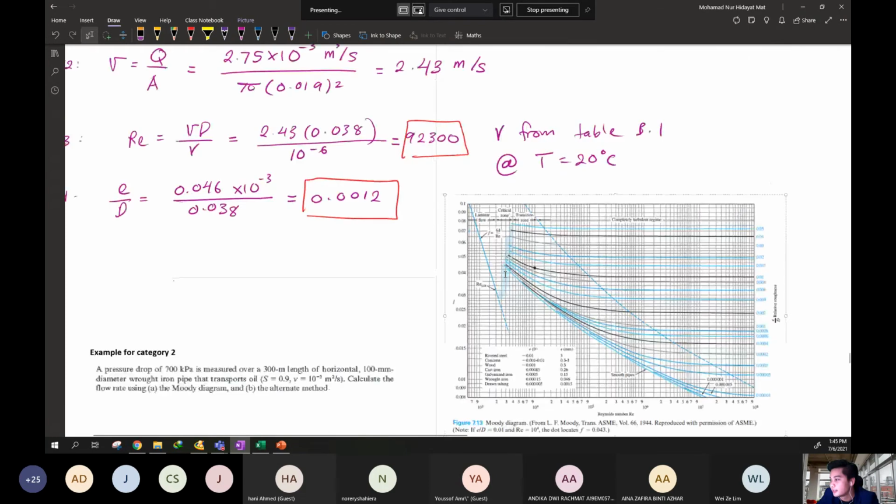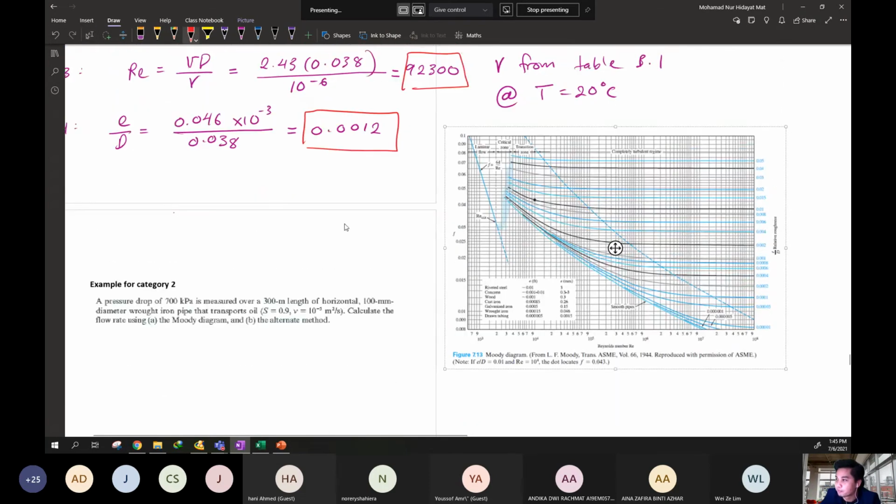So I hope you can see, Reynolds number 92,300. Where is the Reynolds number? So you can see here, this is 1, 2, 3, 4. That is around here.